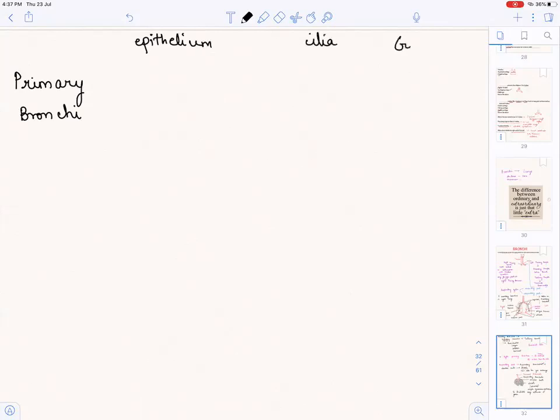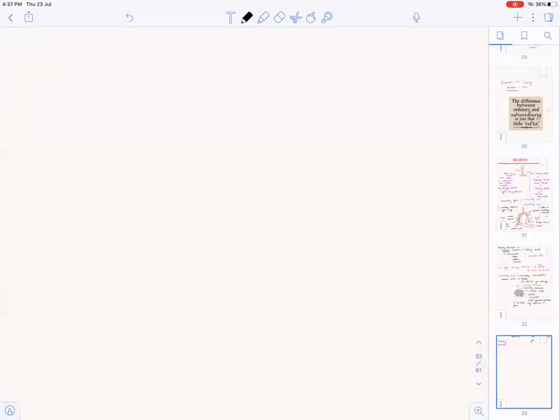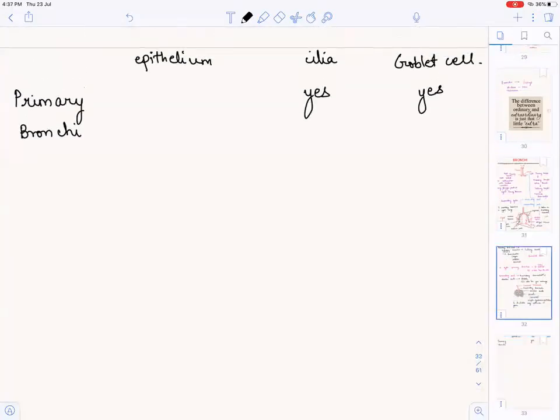Will it have goblet or mucus cells? Yes, it will have cilia because it is the conducting part, and it will have goblet cells so that if any foreign particles come, the cilia can beat and send them back. The epithelium will be pseudostratified ciliated columnar.